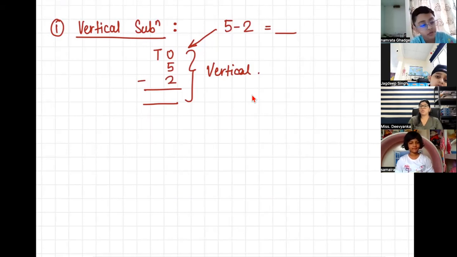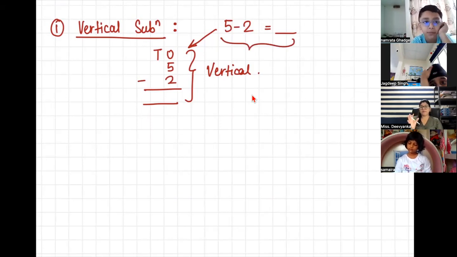Whenever you get any subtraction problem, it can be in word problem style or the regular numerical way of asking you the question. Any problem that you get, if you need to vertically arrange and solve, this is the way to do it. If it was a 2-digit number, for example, 19 minus 9 is equal to dash, this is your question.